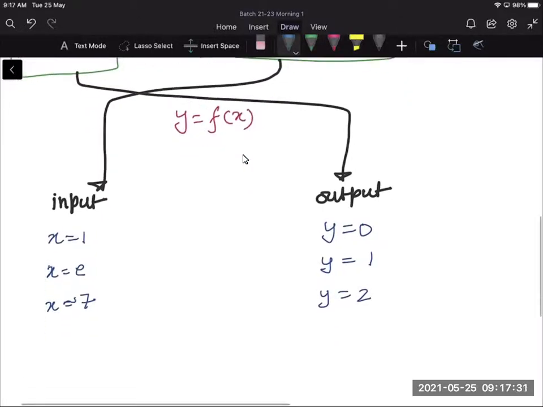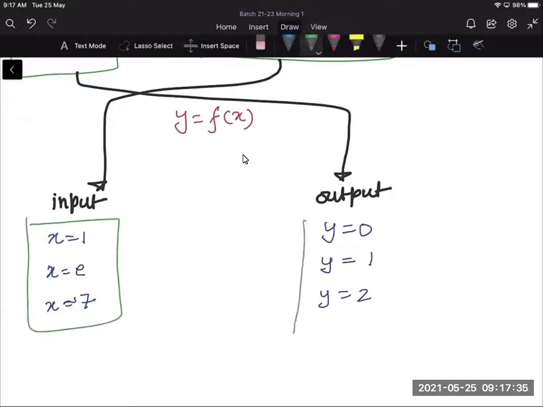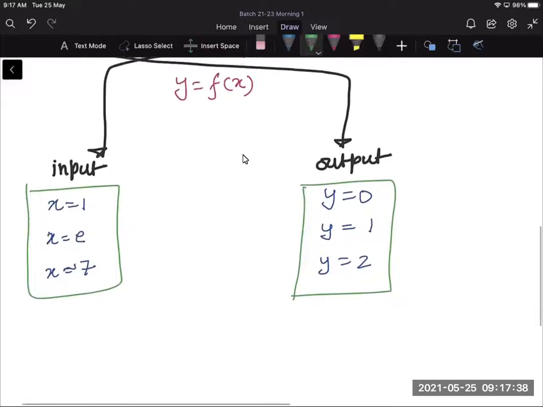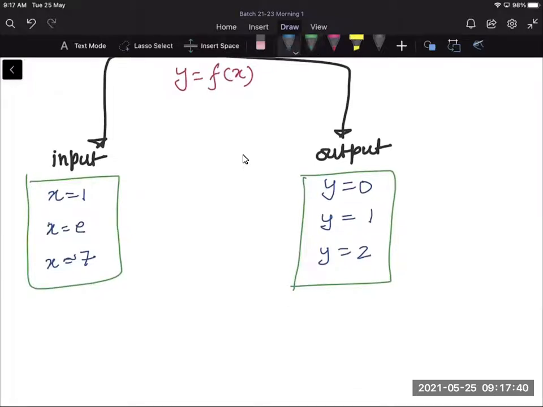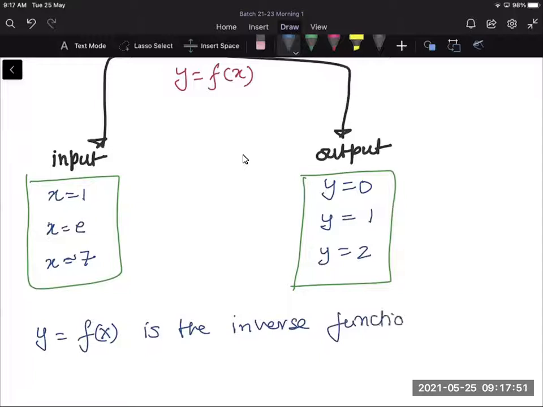If the inputs and the outputs are reversed, then we say that y equal to f of x is the inverse function of y equal to e raised to the power x. Why is it the inverse? Because you have a function, you are giving it some input and you are taking some output.